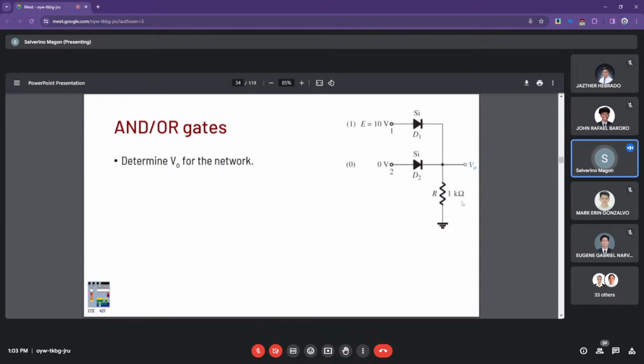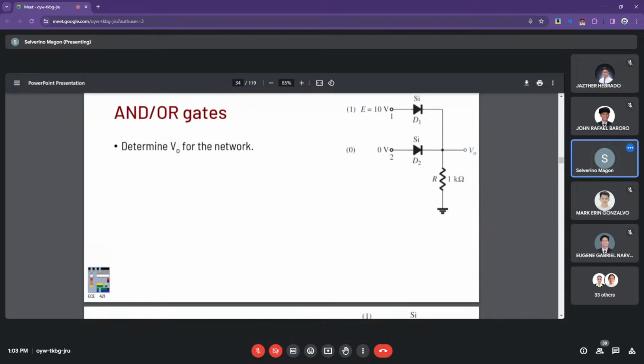You also get 9.3 volts as your Vout. So that's your logical OR gate, because either D1 or D2 will produce a high output, which is 9.3 volts in this case.